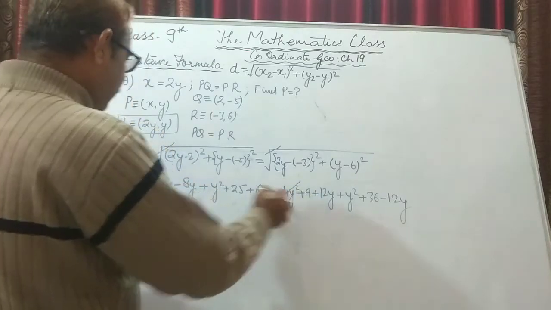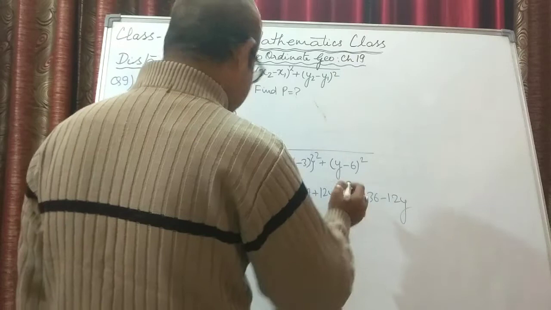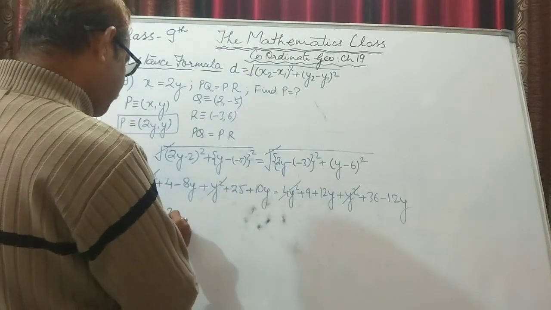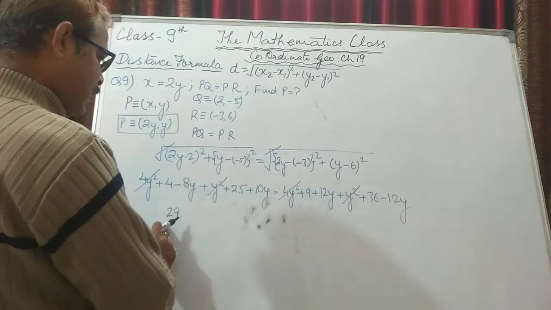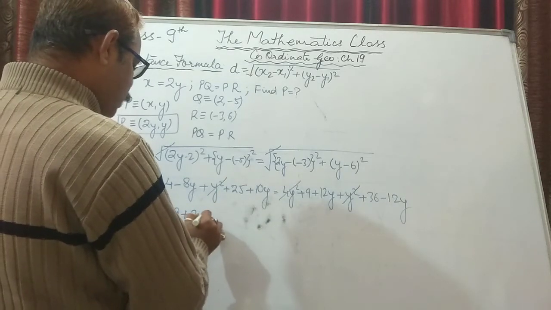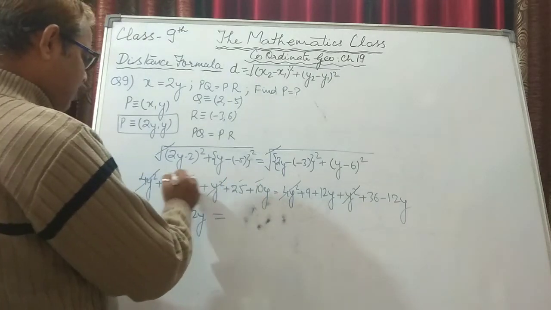So 4y² and 4y² cancelled, y² and y² cancelled. Now what is left? 25 and 4, 29. Minus 8y plus 10y is plus 2y on the left hand side. Now this is done, and all these are done.